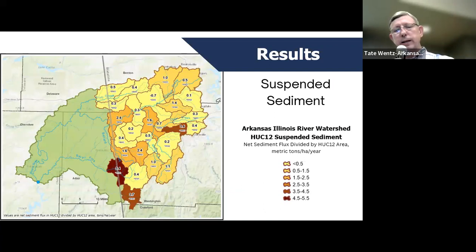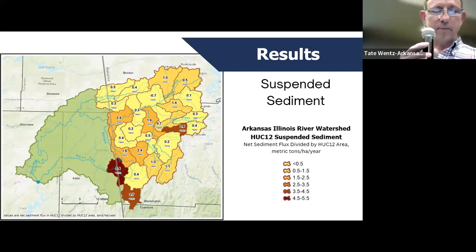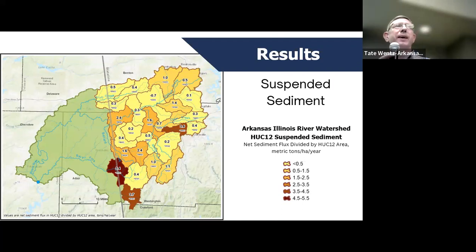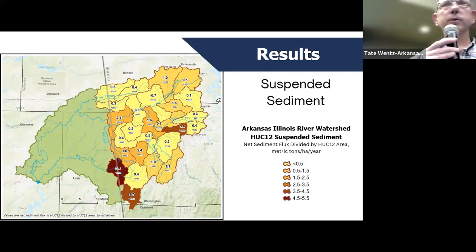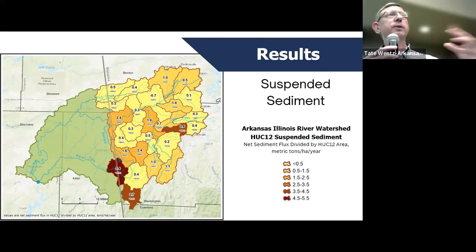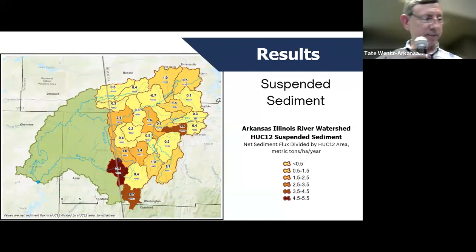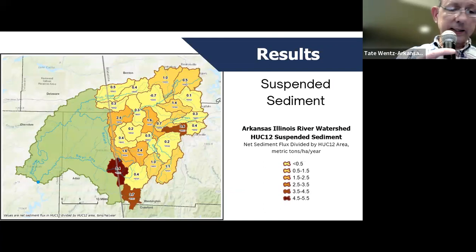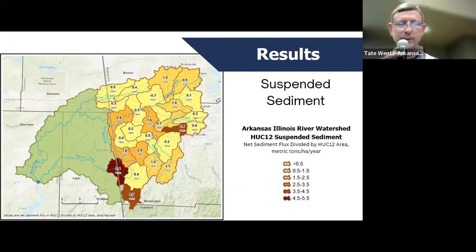And I will say, this is scaled from 0 up to whatever the highest one was. So when you see the upper part of Barren Fork, where something is dark, it doesn't mean the sky is falling. It just means it's higher than other subwatersheds. If I remember correctly, Quan Hong, the gentleman at FDN who actually did all the modeling here, and I've got to give him credit, I was asking why that was higher.